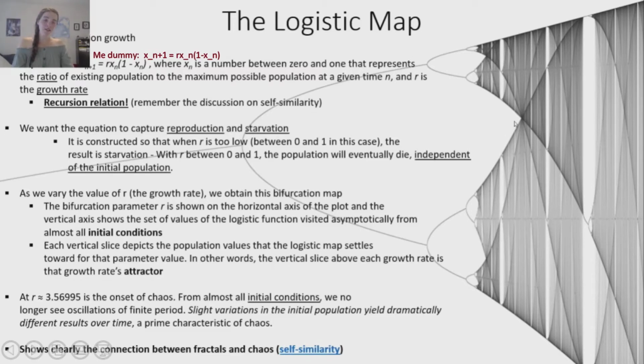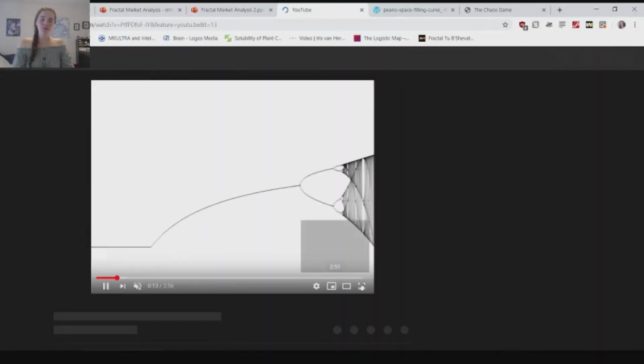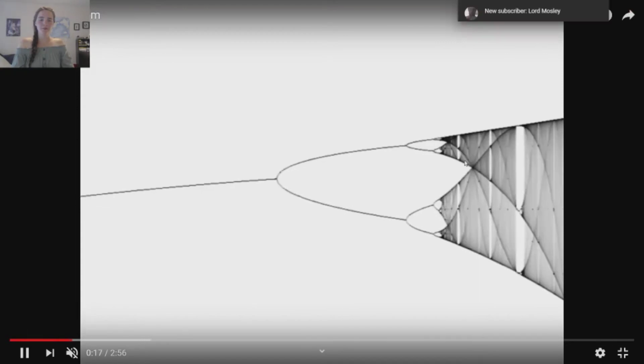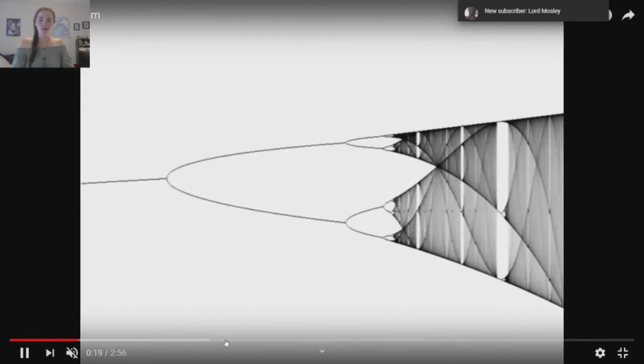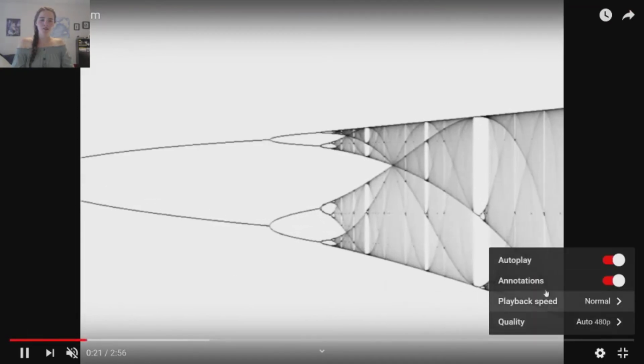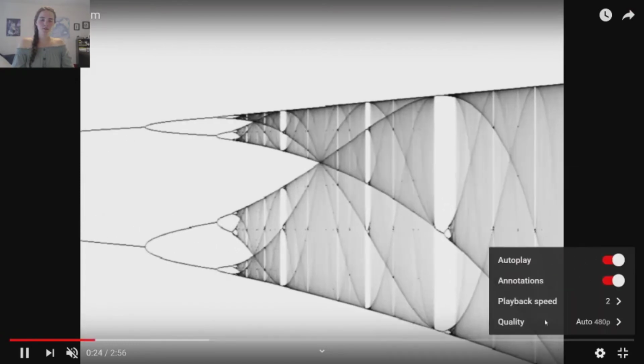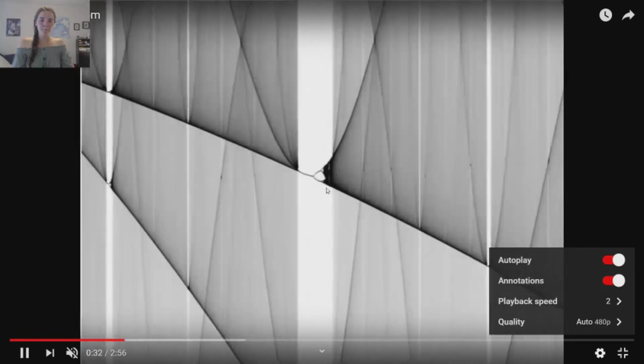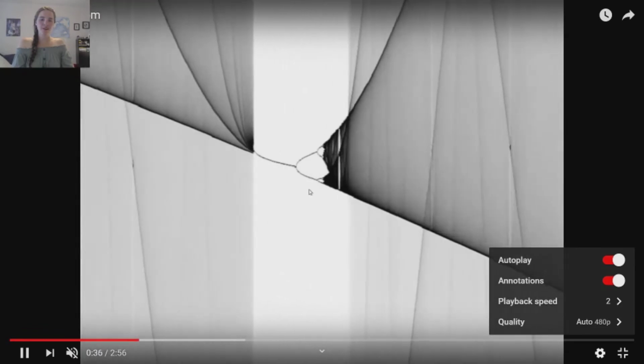But when we zoom in, I'll show you with this video, when we zoom in on the logistic map, it's self-similar. So there's the exact same thing right there.